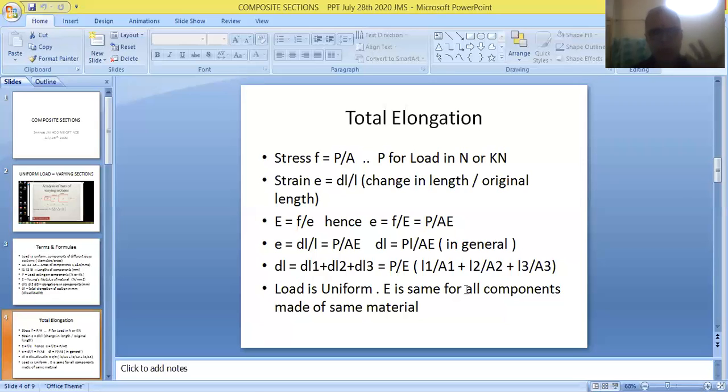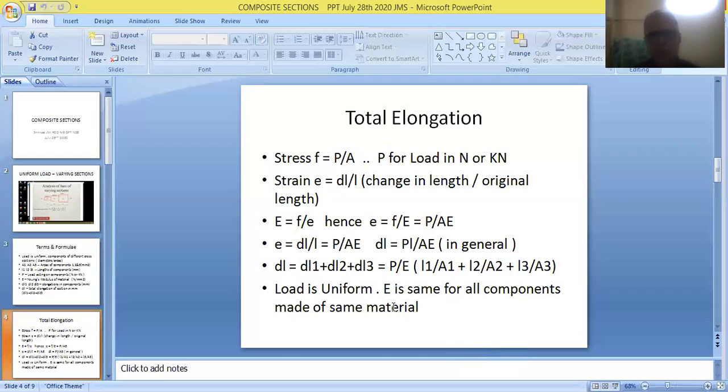So L values are different, A values are different. All the values which are different will be coming in this bracket, and the values that are common for all the components will be coming out of the bracket. So load is uniform and E is the same for all the components made up of the same material.